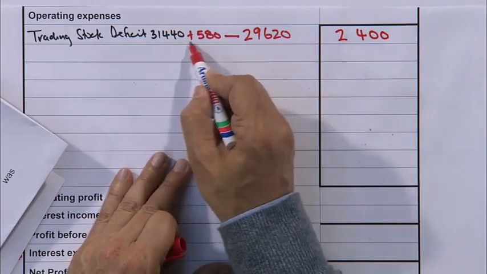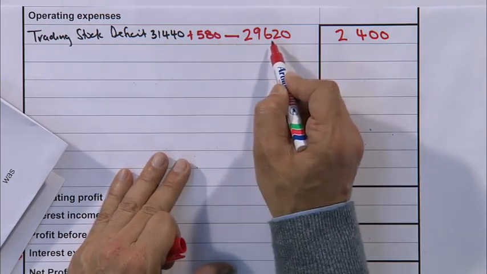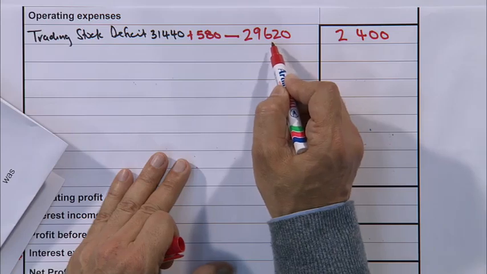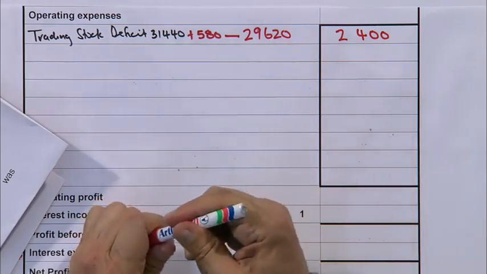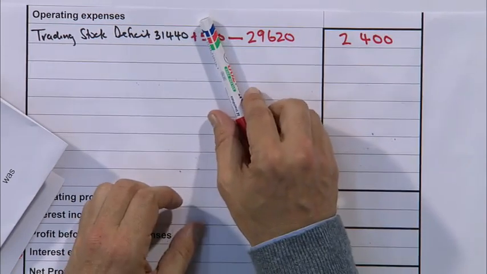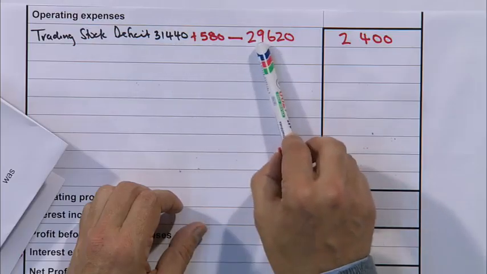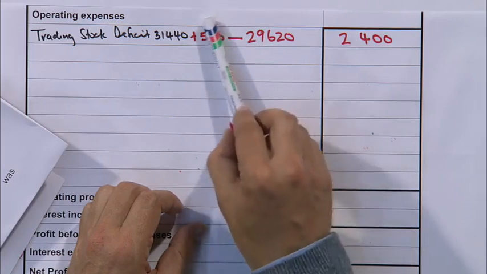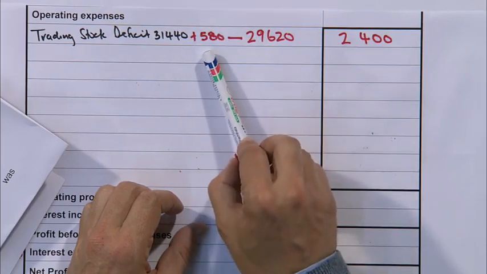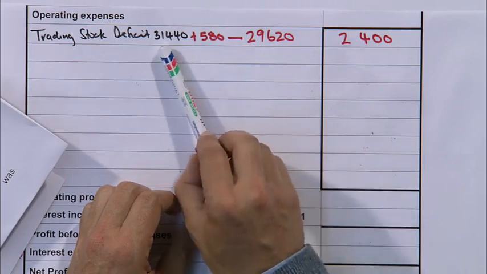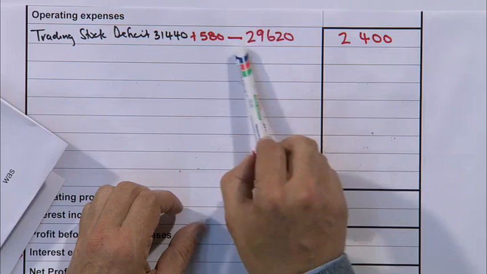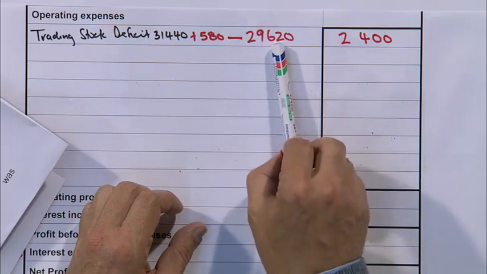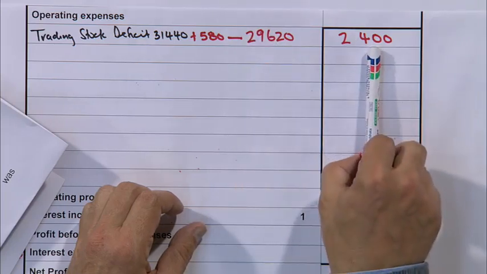But I first have to add the 580, then I have to minus the 29,620. If the 580 was not there, meaning that there was no adjustment A, then the deficit will just be the difference between the trading stock and the physical count. But because there was a return, the debtor sent the goods back, I first have to add the goods back, then I have to minus the physical count to determine the deficit.